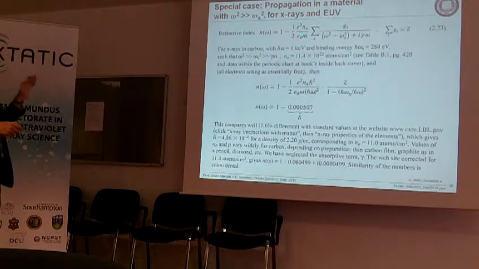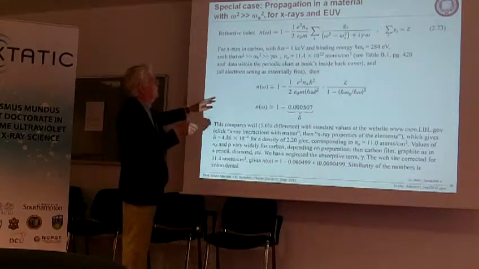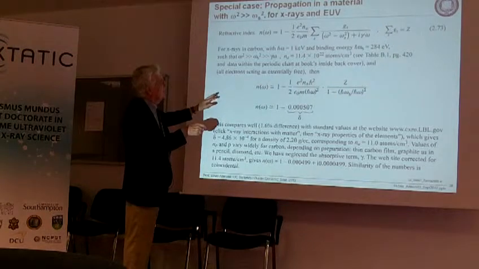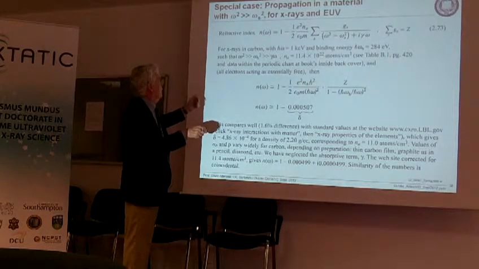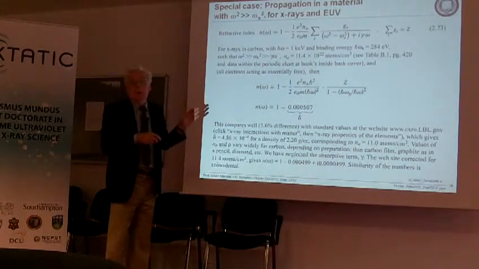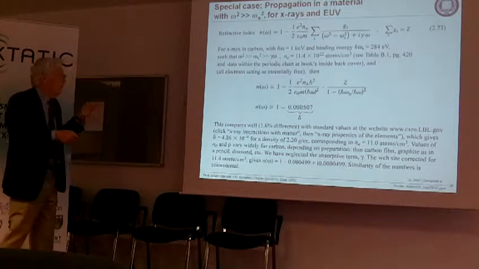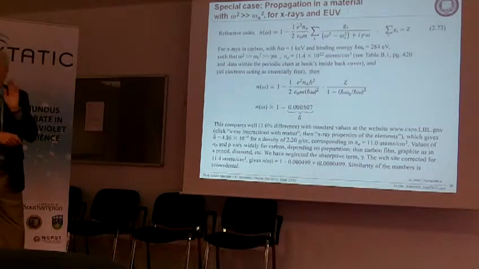Then you can just start to simplify this and put in some numbers for atomic density. So around 10 to the 23rd atoms per centimeter cubed. This should be on the back cover of your book. I think it's still there on the paperback. Anyway, if you put some numbers in and you figure that this sum here is about Z or something like that, you could get your own estimate of what delta is.